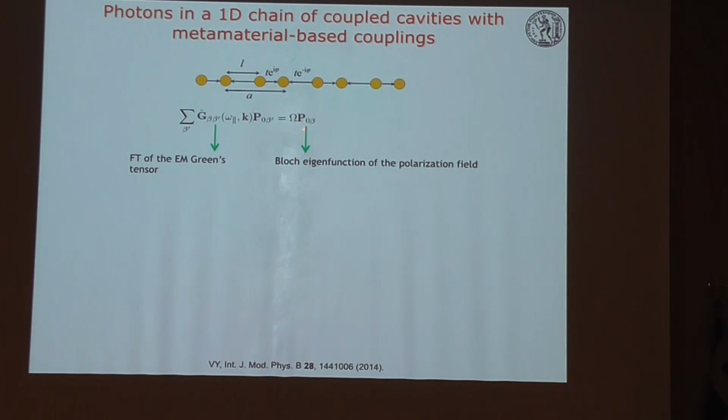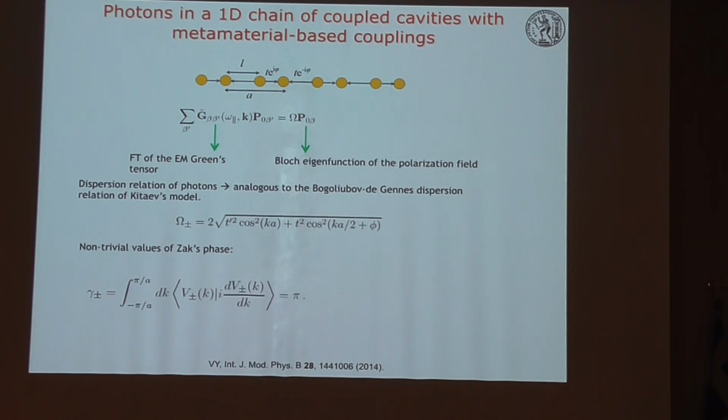So, if one has such a binary one-dimensional lattice of resonators which are coupled with complex hoppings with alternatively positive and negative phases, the analog with an electron Hamiltonian is this eigenvalue problem obeyed by the Fourier transform of the electromagnetic Green tensor.